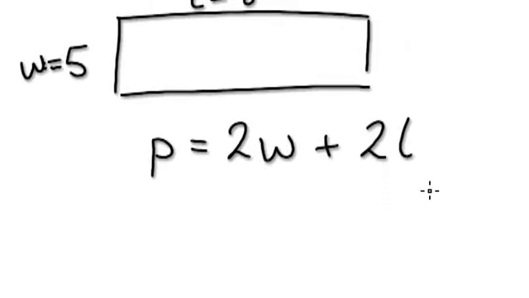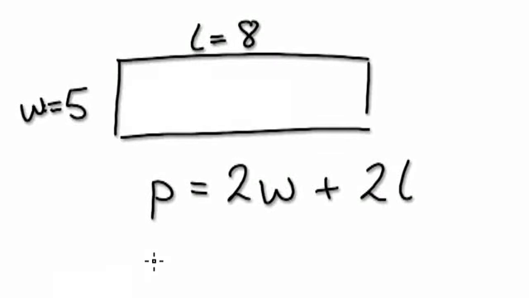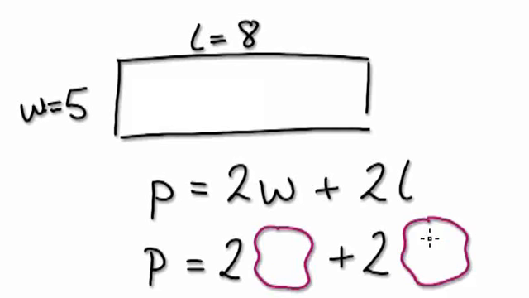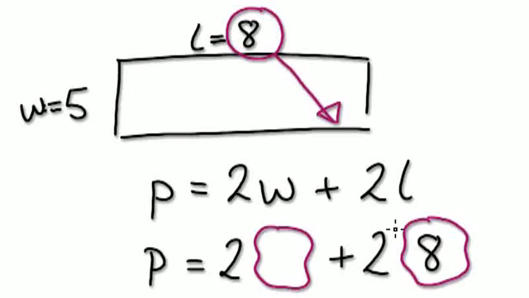You can imagine it as P equals 2 times whatever W is plus 2L. What's L? Well, L is this length here, 8. So put the 8 into that thing there. So 8 here, and then this is W.